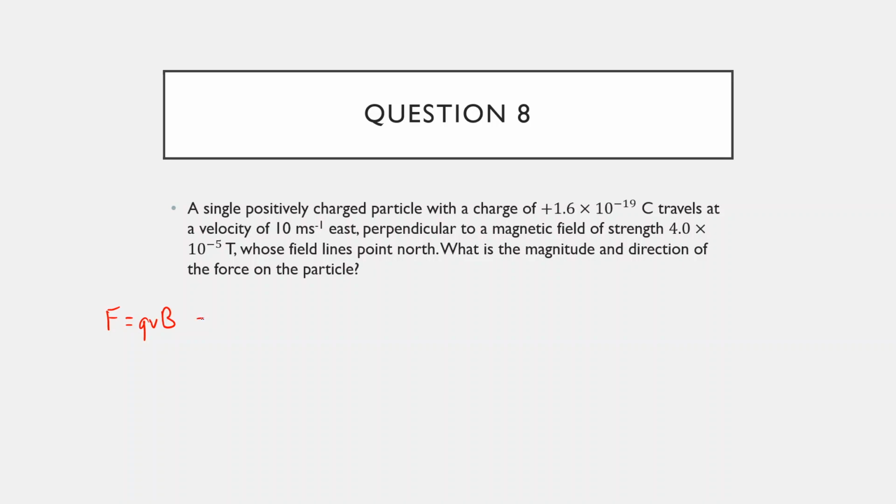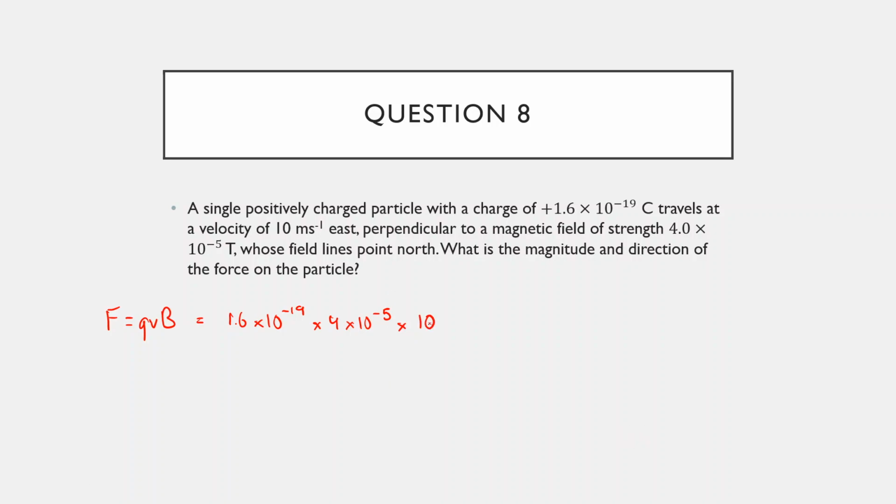Q is the size of the charge, so 1.6 times 10 to the negative 19, times the field strength, 4 times 10 to the negative 5, multiplied by the velocity, which is 10.